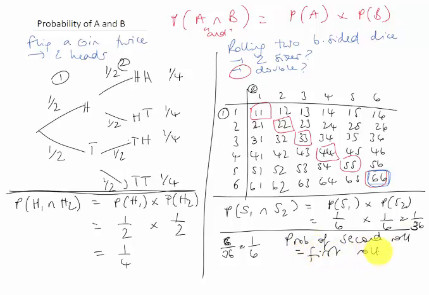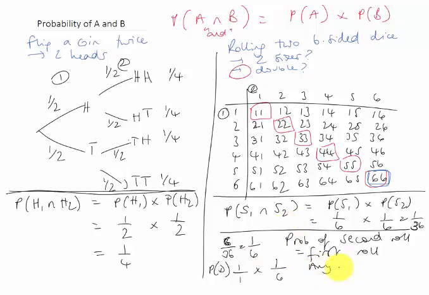So the first roll could be anything, so that's 1 over 1. Because it could be anything, we don't care if it's 1, 2, 3, 4, 5, 6. So any of those can be the starting point. But then the second one has to be that exact same one, so that's 1 in 6. So that's the same as what we worked out by drawing it all out longhand.